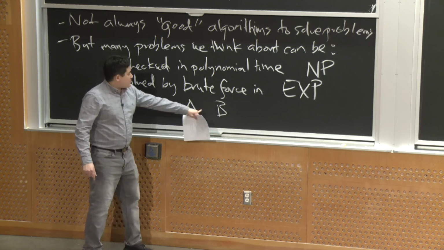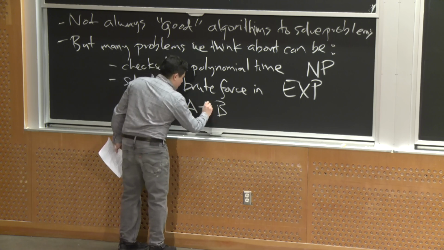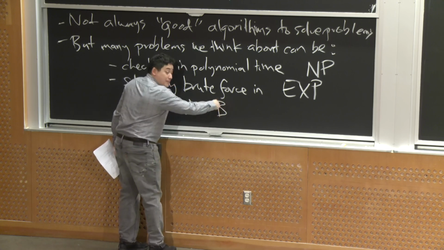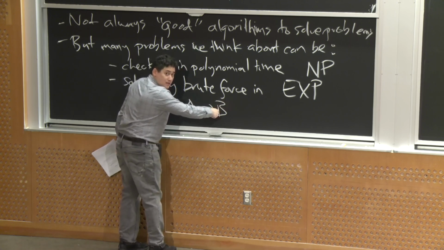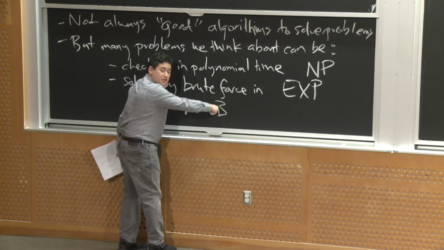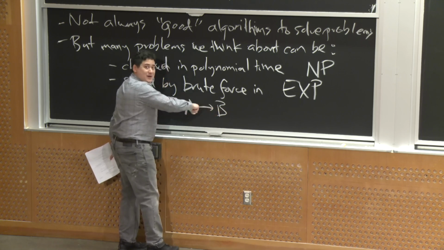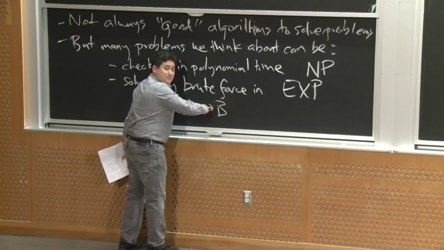If this is a problem that I'm interested in knowing the complexity of, and I can prove that I can solve it if I had a black box to solve B, any black box to solve B, and I could make this reduction in polynomial time, and if this is hard, that means this can't be.